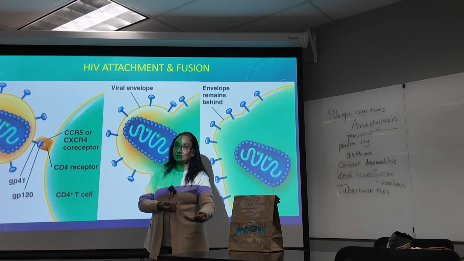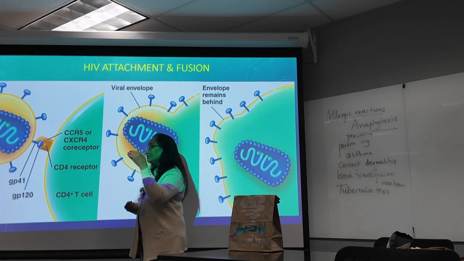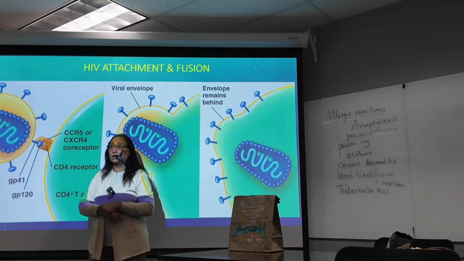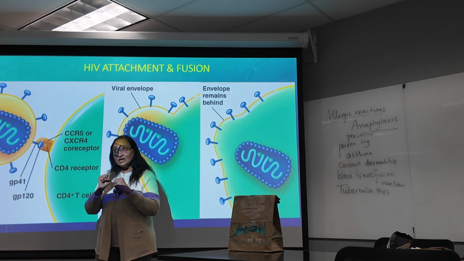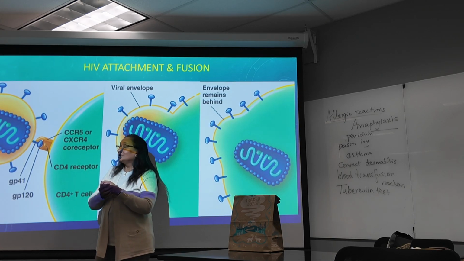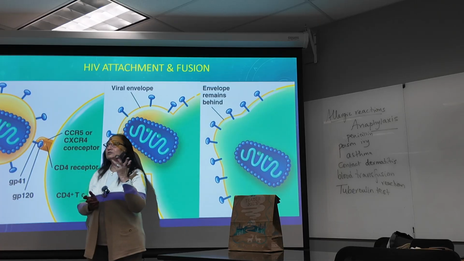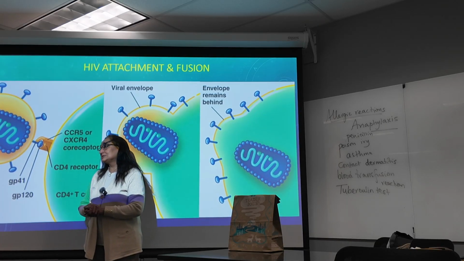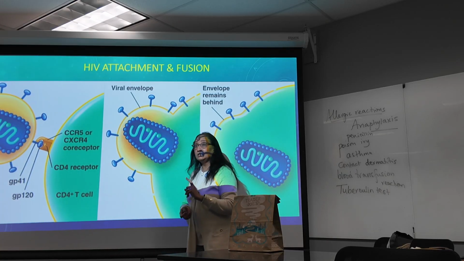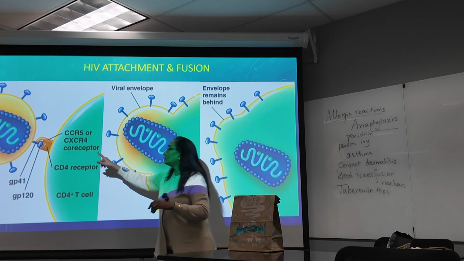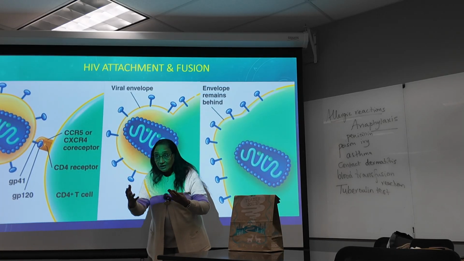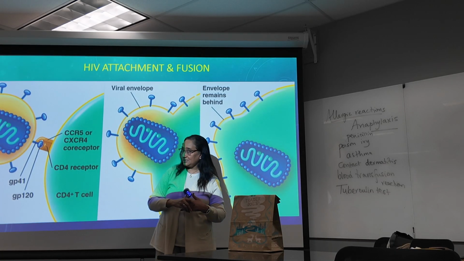That has been found. So now the research is, can we somehow block this CCR5, so that the virus will not be able to attack the helper T cells. They have noticed that these people don't have the CCR5, and so they are immune to HIV. Even if they are exposed to HIV, they don't get infected.